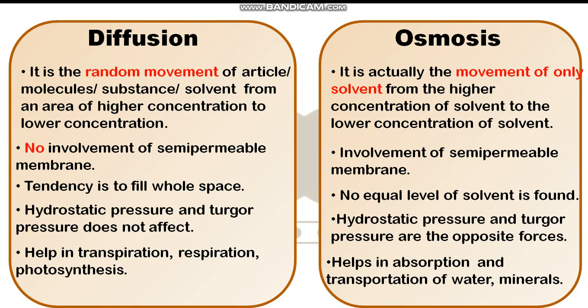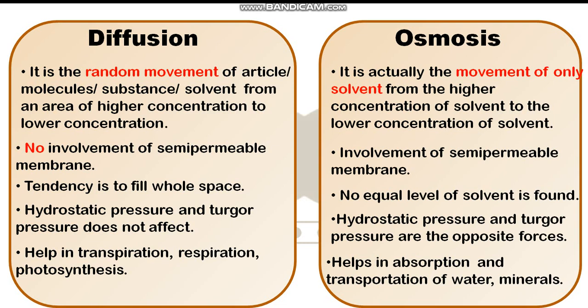Now the tendency of diffusion is to fill the whole space of the container, while in osmosis there is no such tendency. It will just look at the process of equalizing the solvent level on both sides.